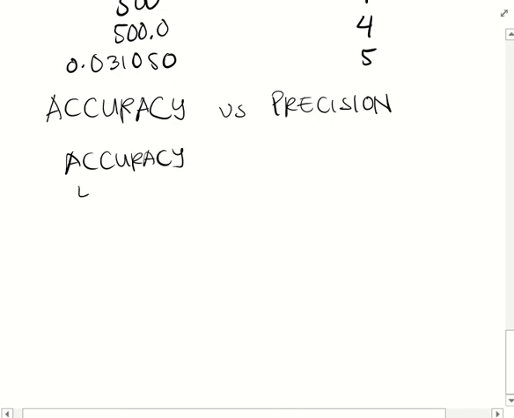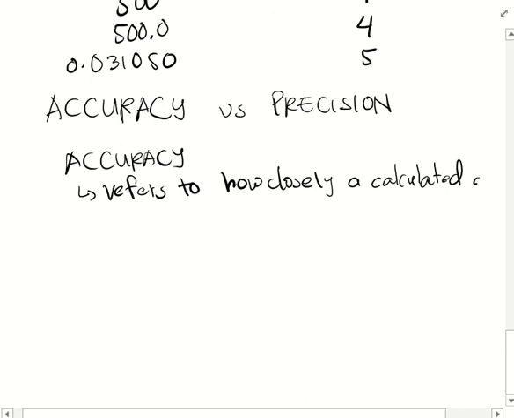Accuracy refers to how closely a calculated or measured value agrees with the true value.